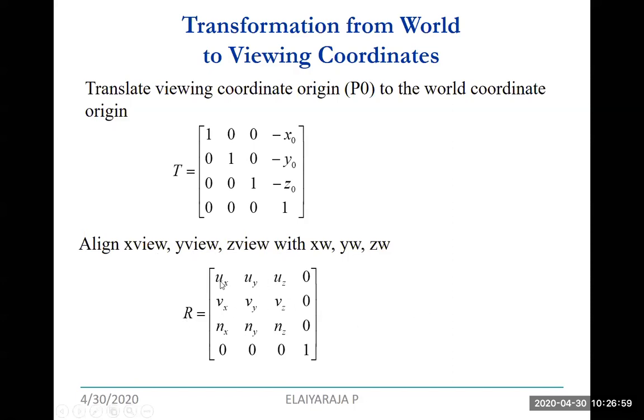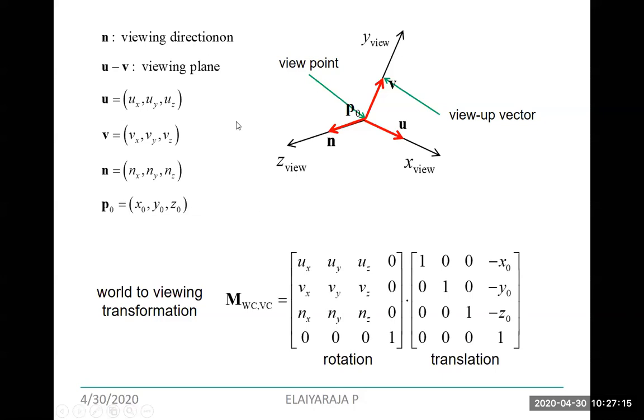The rotation you write is with respect to your up vector value as well as the normalized coordinate and the viewing coordinates. So with the viewing direction on this z view, and your view plane xy, you have to write the values with respect to u, with respect to your viewing plane.